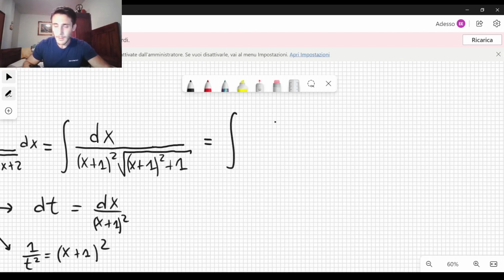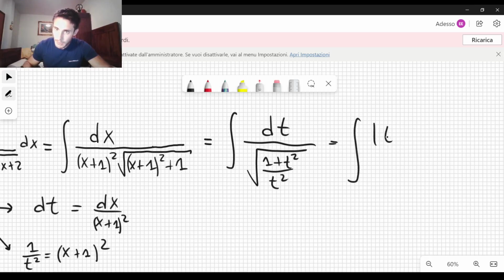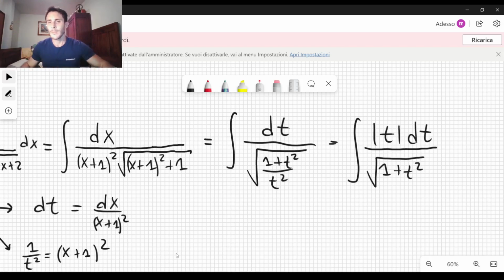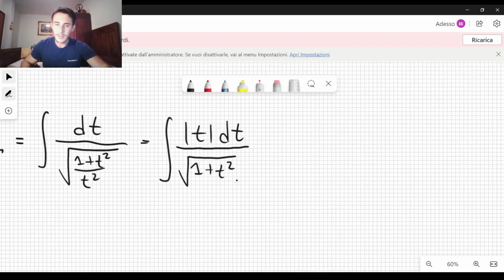So this is the integral dt divided by the square root of (1 plus t squared) over t squared, which you can rewrite as the integral of the absolute value of t dt divided by the square root of 1 plus t squared. You can rewrite this as plus or minus, because you have an absolute value here. We will get rid of this plus or minus in a moment.